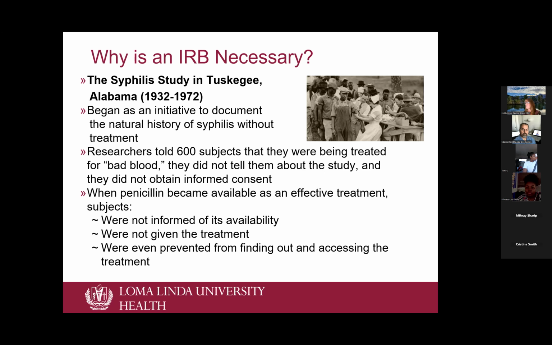They were not told much about the study. They were not given any informed consent to participate. And not only that, but when an effective treatment became available, they were not informed about it, they weren't given the treatment, and they were even prevented from finding out about and accessing that treatment.